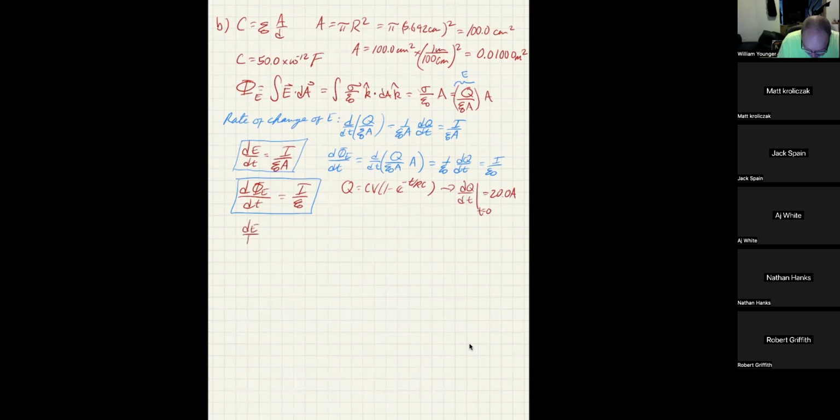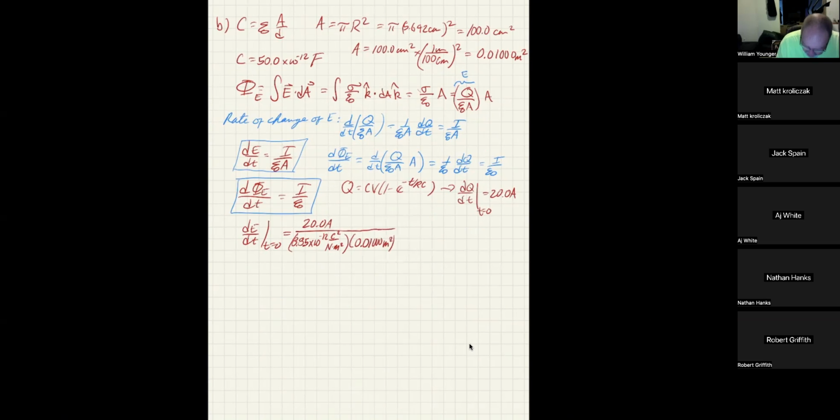So I can say dE dt evaluated at t equals 0 is equal to 20.0 amps divided by 8.85 times 10 to the negative 12th coulomb squared per newton meters squared, times the area, which is 0.01000 meters squared.